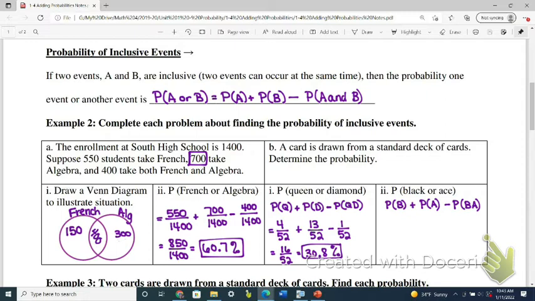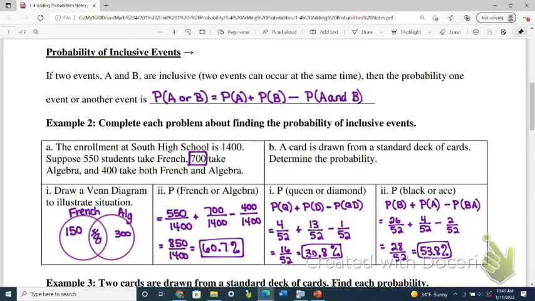So the total number of black cards I have are 26 over 52, plus the total number of aces I have are 4 over 52, minus I have 2 black aces, the spade and the club. So they were included in both. I need to subtract them out. So I end up with 28 over 52, which is 53.8%.